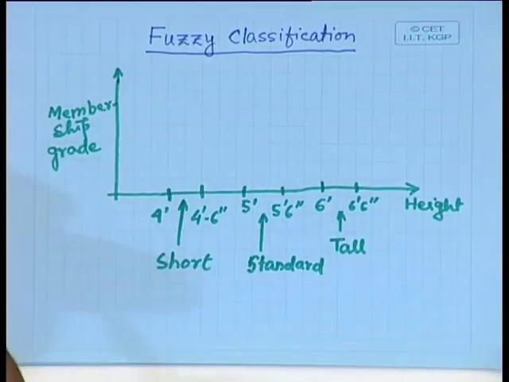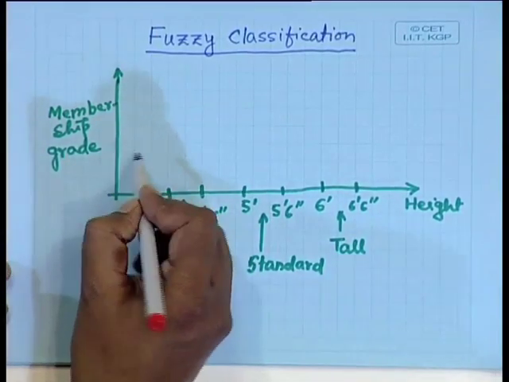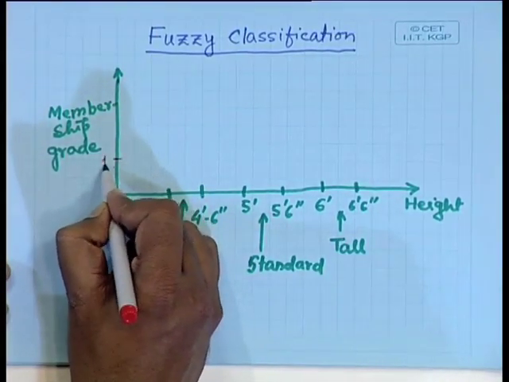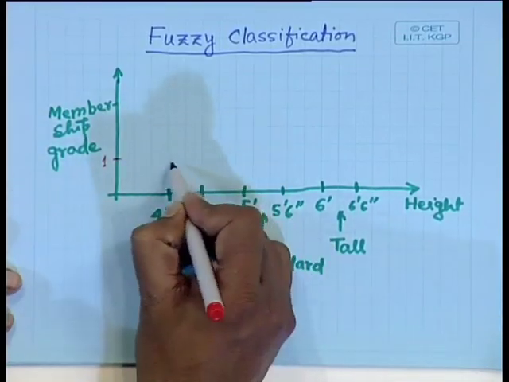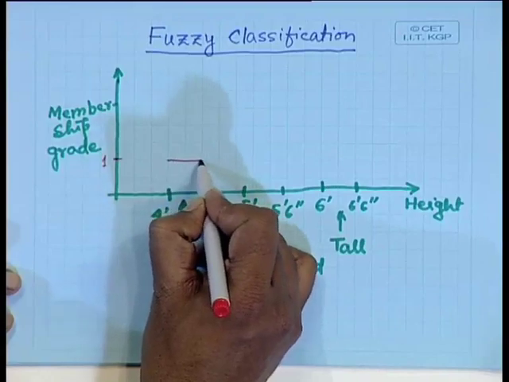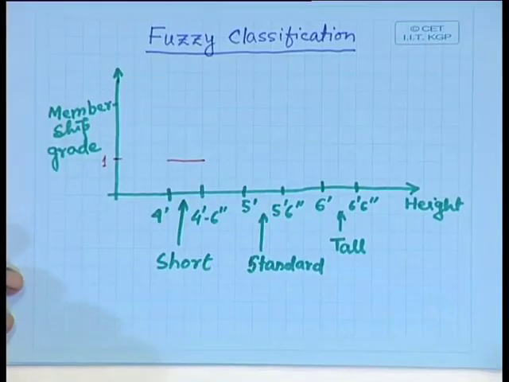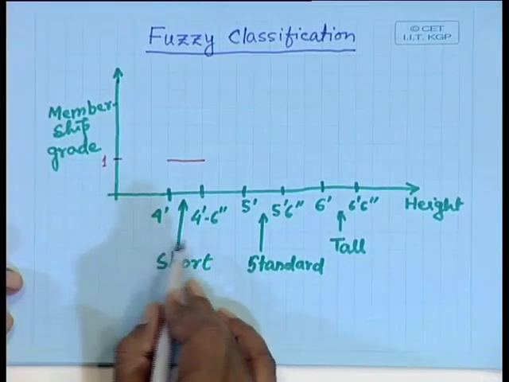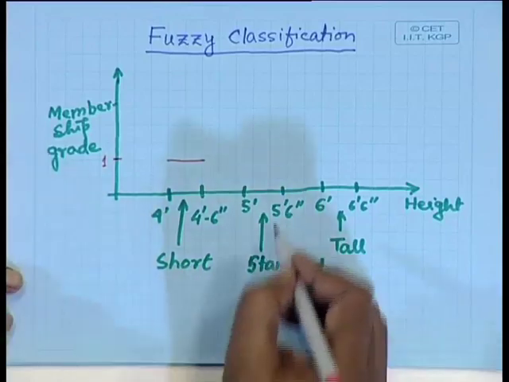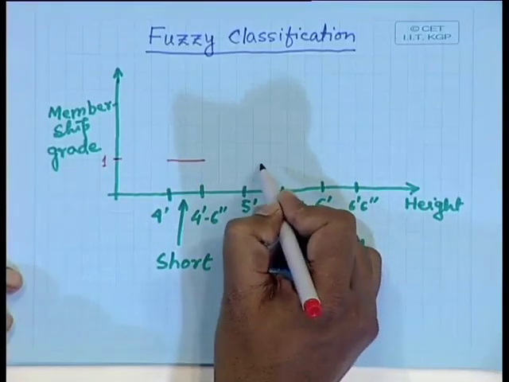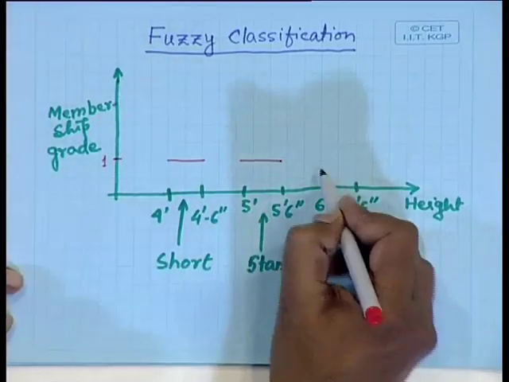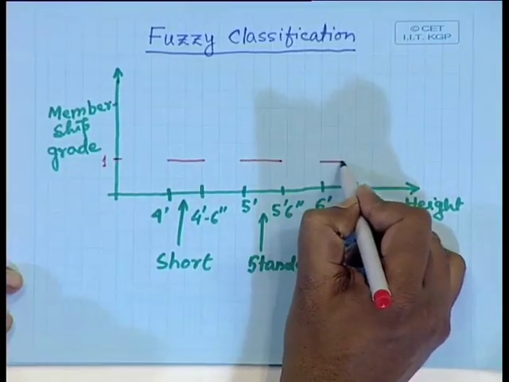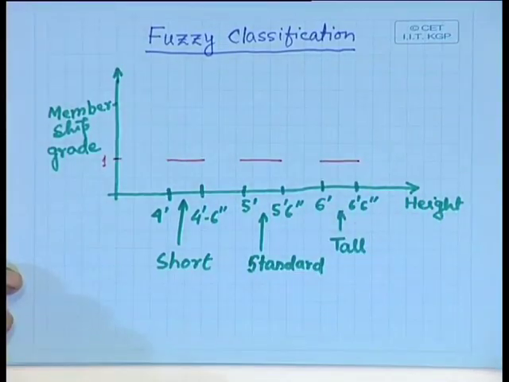So, I will have a maximum membership grade equal to 1: between 4 feet to 4 feet 6 inches, 5 feet to 5 feet 6 inches, and 6 feet to 6 feet 6 inches, the membership given to the respective set is 1, that is the maximum.